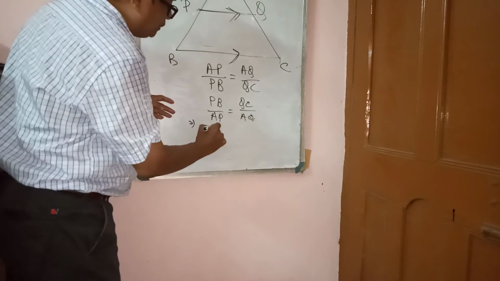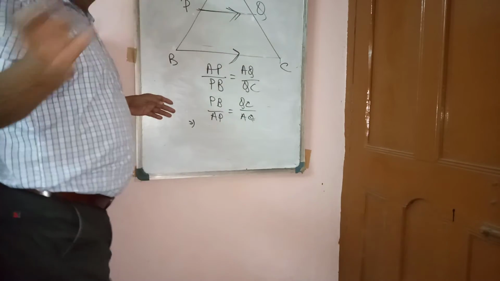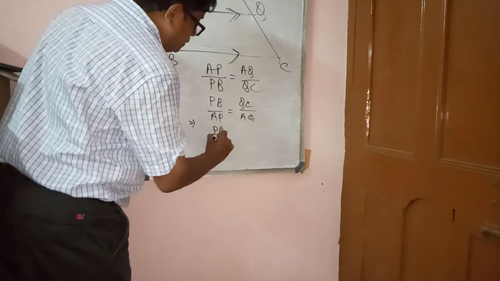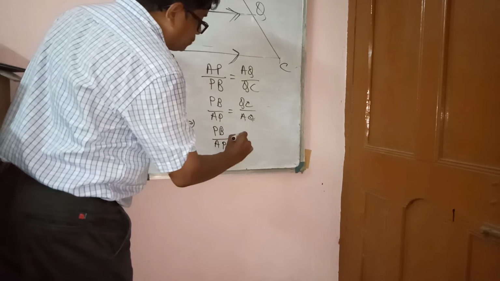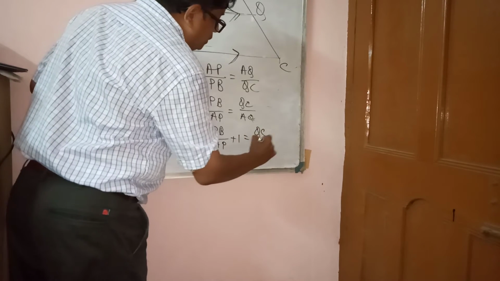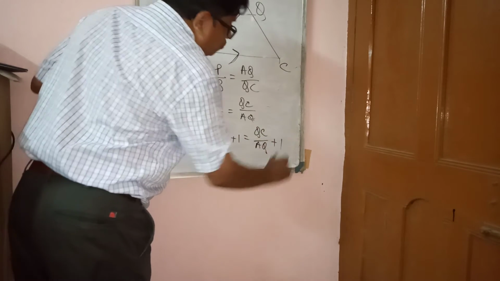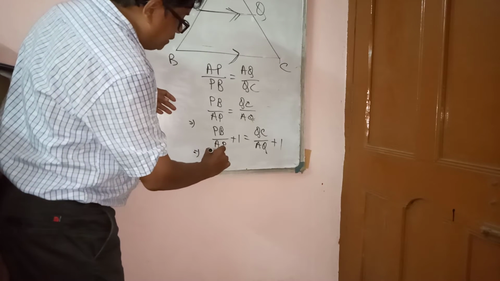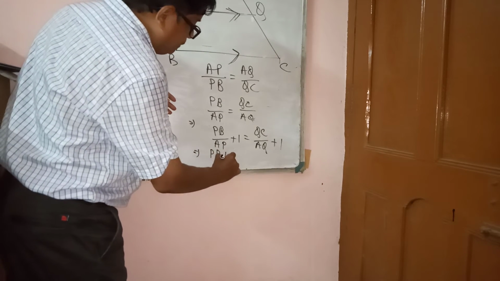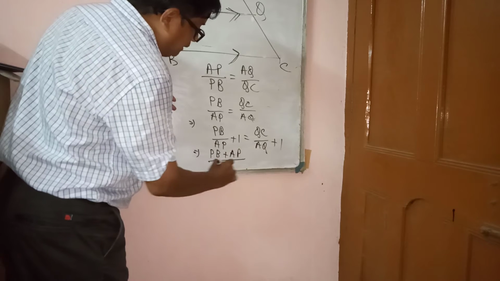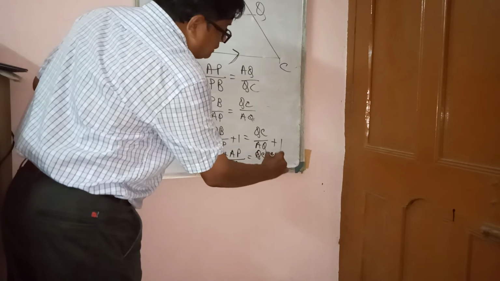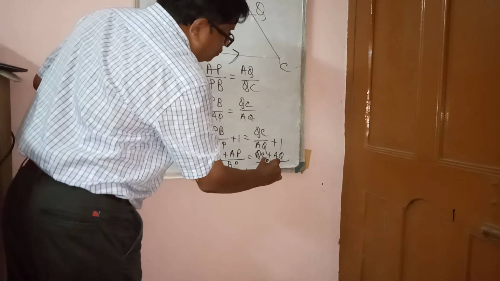Now adding one on both sides, when a ratio is proportional, if you add the same thing there is no change in the proportion. So PB by AP plus 1 equals QC by AQ plus 1. So you can write PB plus AP by AP equals QC plus AQ by AQ.